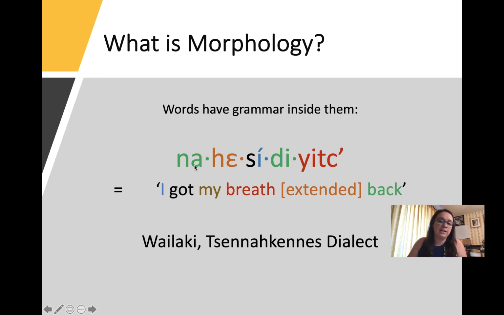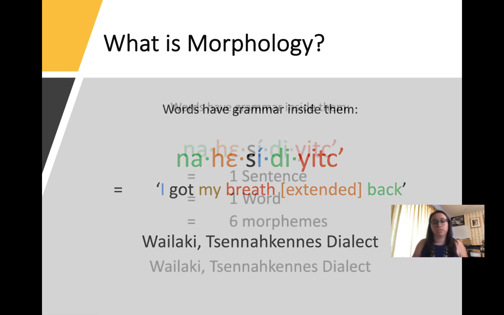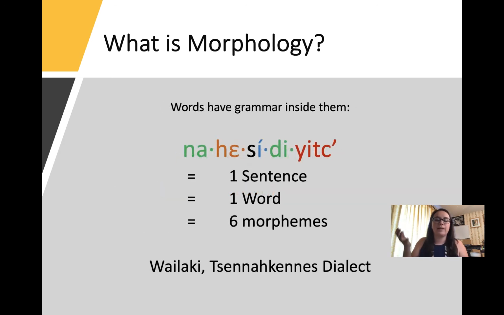In Wailaki, each of these parts has to be attached to something in order to form meaning and be understood. So we take this Wailaki word, and the meaning is something like a sentence, but it's one word. How do we know that? None of these parts can stand on their own. If I just say nah, it doesn't mean anything. If I just say hey, it doesn't mean anything. But if you put them all together, they have meaning, and that forms a word.